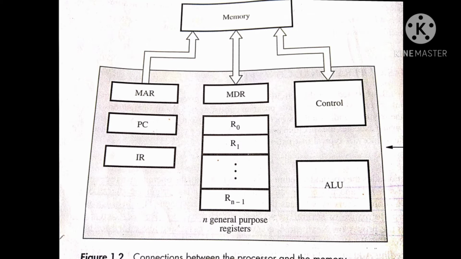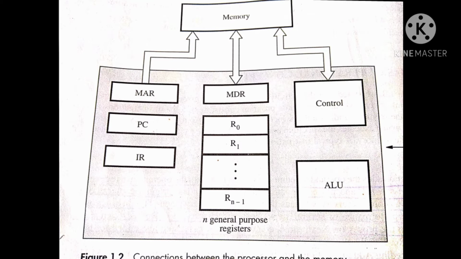What do you mean by PC? PC stands for program counter. What is the main specification of this PC? The program counter keeps track of the instruction that is next to be executed, right? So during the execution of the instructions, the PC is updated to correspond to the address of the next instruction to be executed.